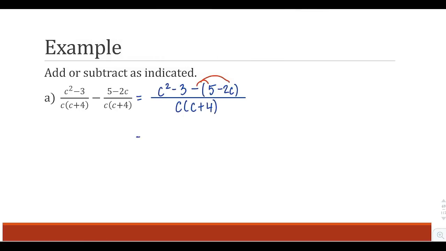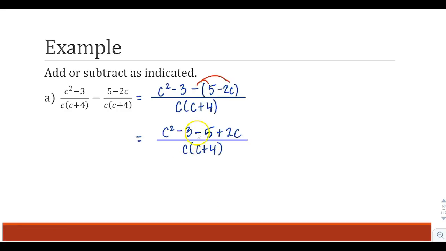So I'm going to have across the numerator c squared minus 3 minus 5 plus 2c, all over that c times c plus 4. Notice that I didn't distribute the c in because we'd rather have our expression factored. To be factored is to be more simplified.